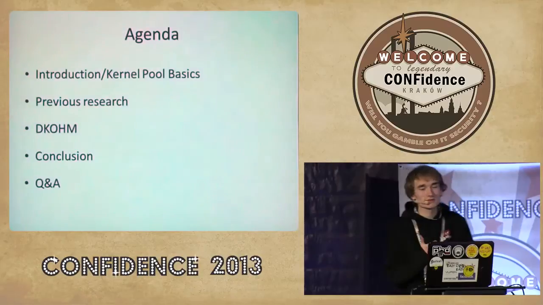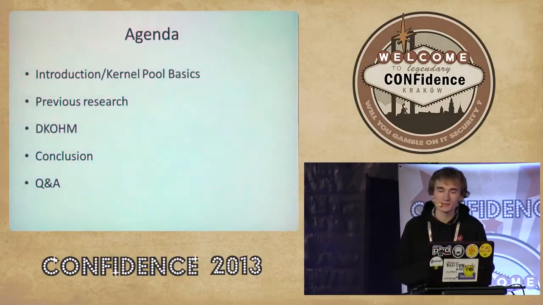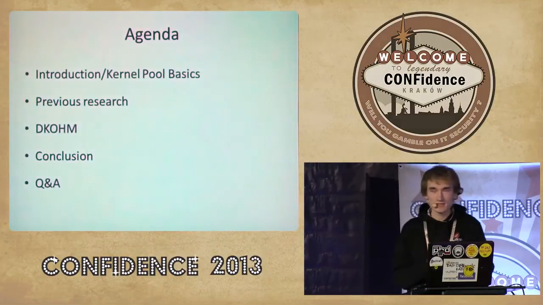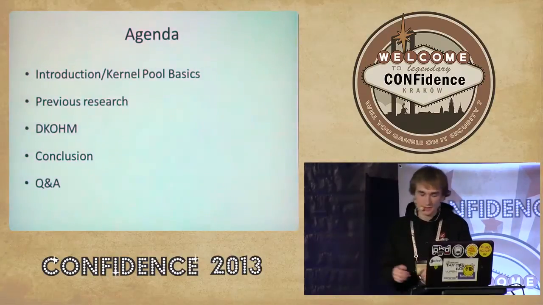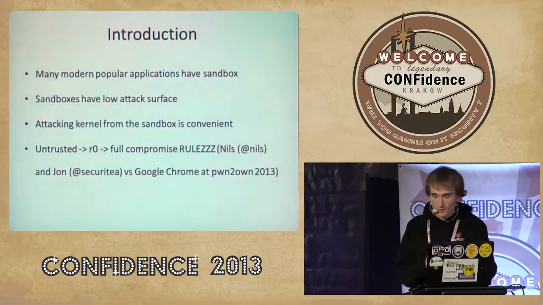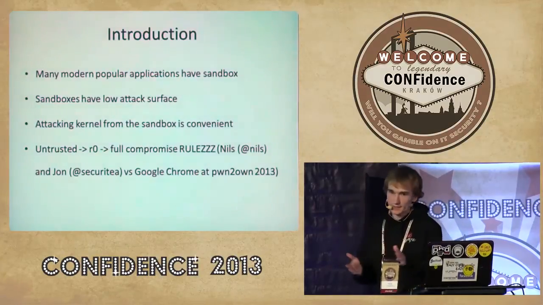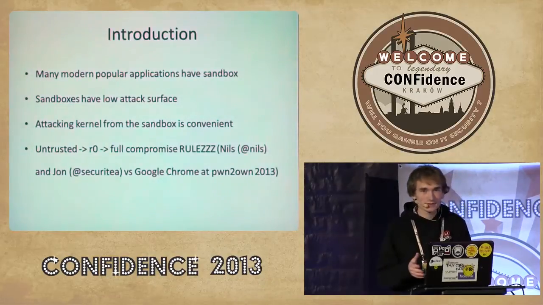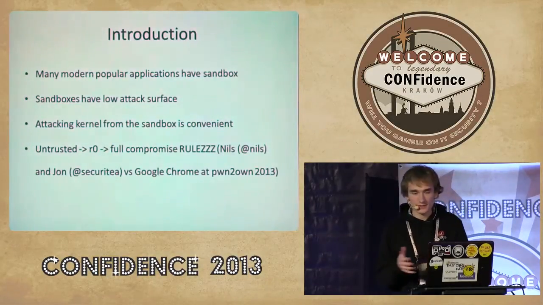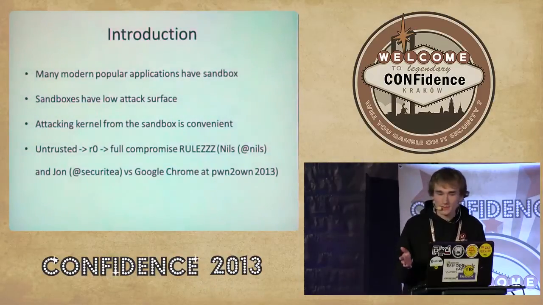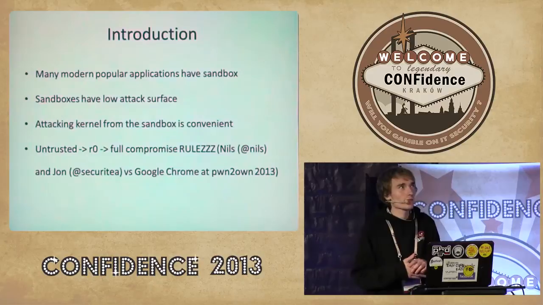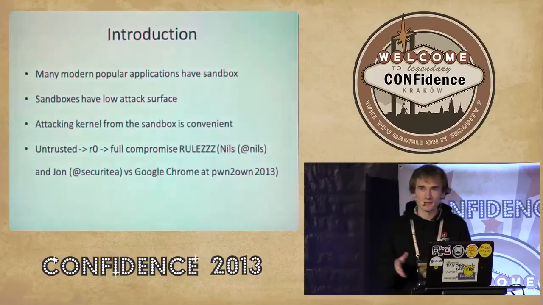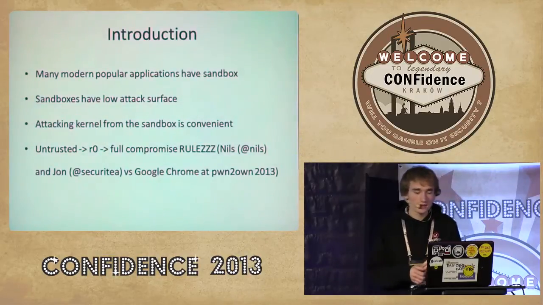So I will talk about some kernel pool basics, about previous research that was done by several researchers, about a new approach, and conclusion and question and answers. So why kernel? Why pool overflows? There are sandboxes in modern applications like Google Chrome, Internet Explorer, Adobe Reader, and I think it's a cool thing to attack the kernel and escape the sandbox.